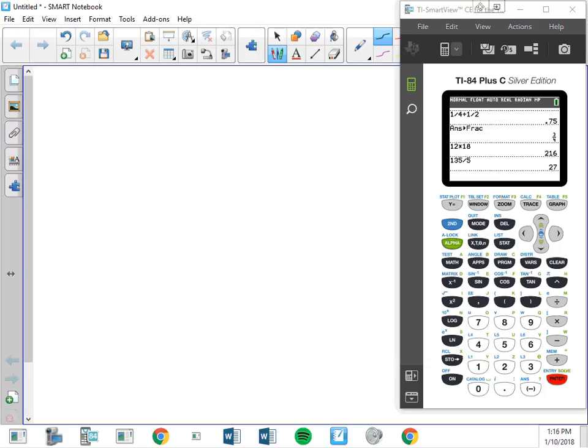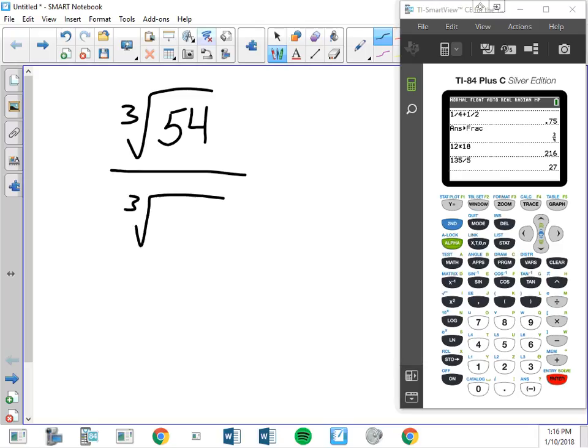Okay. What about the third root of 54 divided by the third root of, we'll say 2. Should I factor and then simplify, or simplify and then factor? We definitely want to simplify first. How come? The third root of 2 doesn't work.